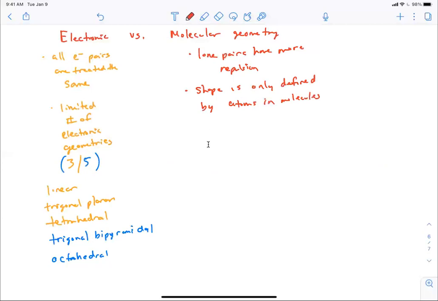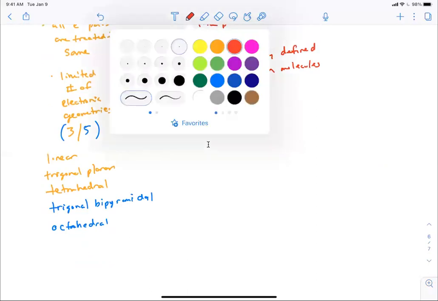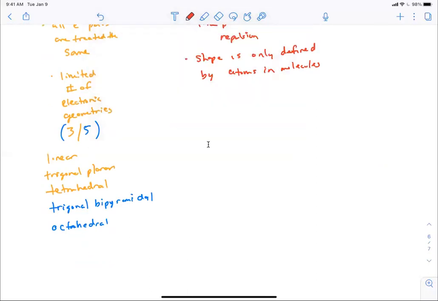So while the lone pairs have an effect, the shape itself is really the representation of the bonds in the molecule. Even though lone pairs affect where your starting shape originates for electronic geometry, you slowly take those lone pairs away to get the shape that's left over from that.